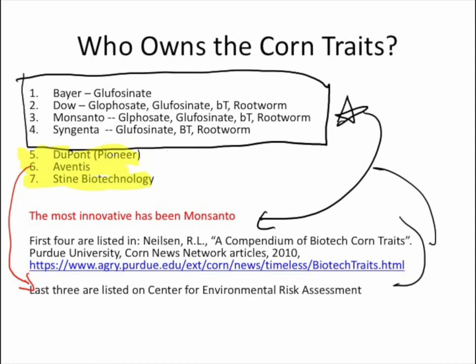We got those from a list at the Center for Environmental Risk Assessment. You can Google that, look for corn traits, and you can see those listed there. But these 7 companies own corn traits.